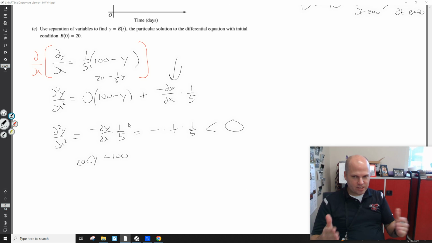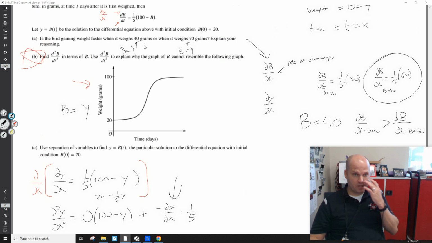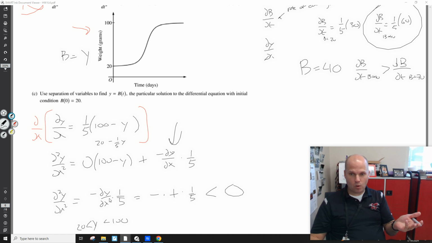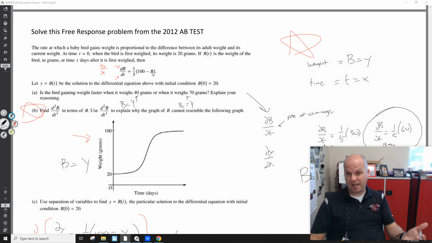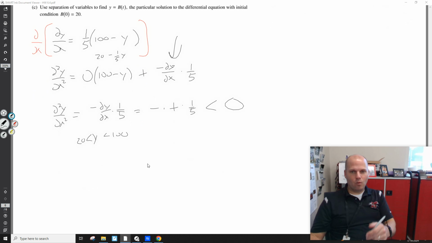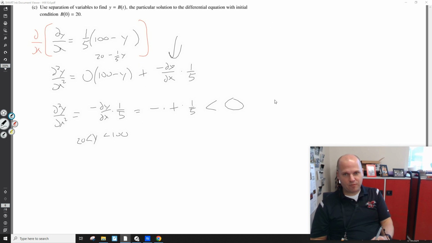You could figure this out if you thought about it for a while. Or you could plug in 20 into dy dx, see that it's positive, and go from there. And so you have a negative times a positive times a fifth, which is negative. Now, what does that mean? That means the graph of y, which equals b of t, must be concave down. The graph is not concave down.